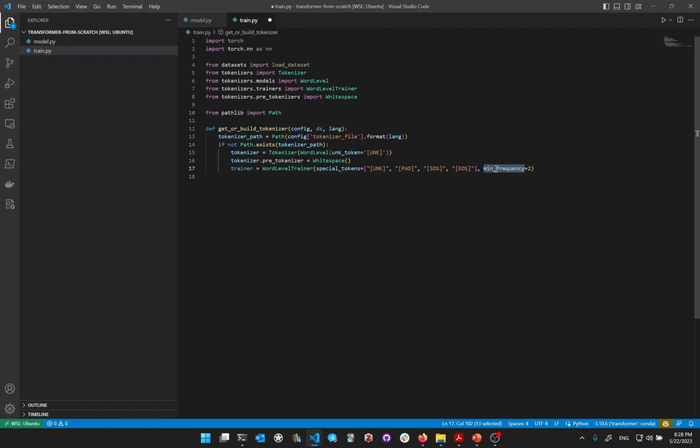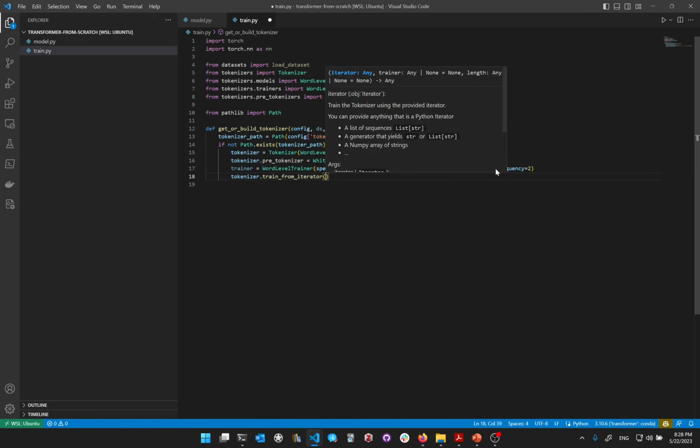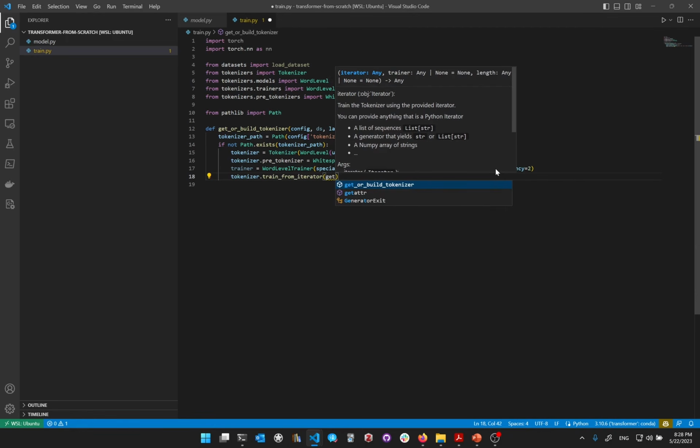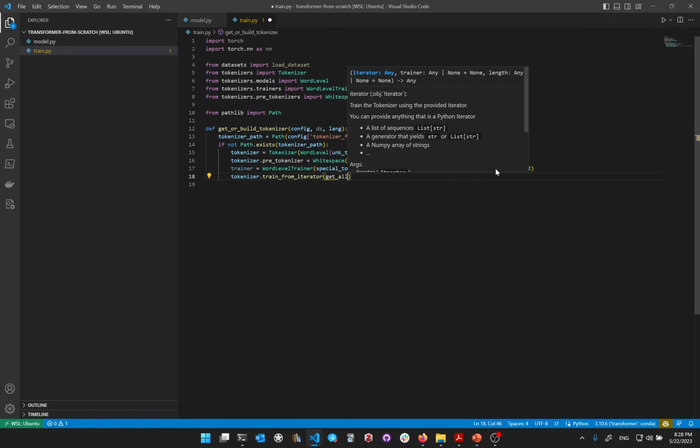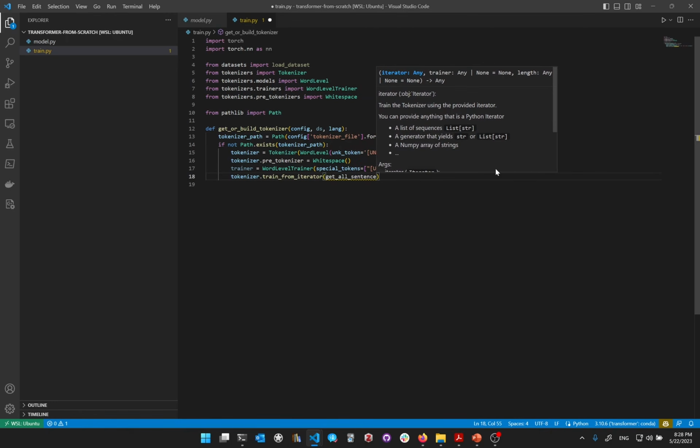Min frequency means that for a word to appear in our vocabulary, it has to have a frequency of at least 2. Now we can train the tokenizer. We use this method, which means we build first a method that gives all the sentences from our dataset, and we will build it later.